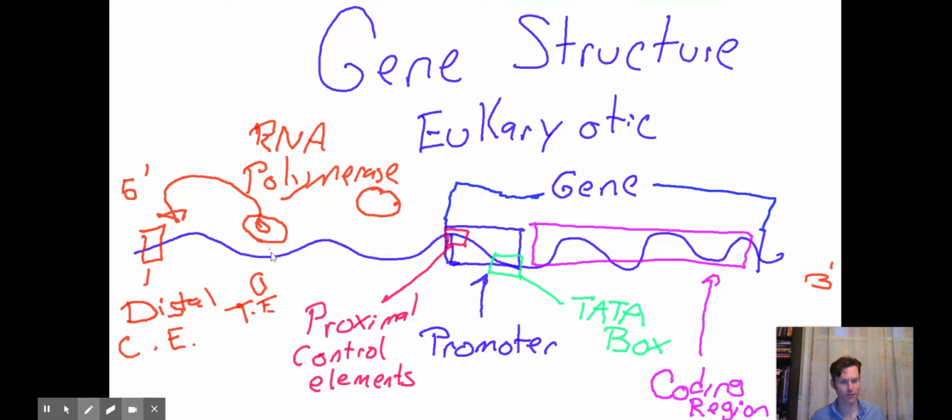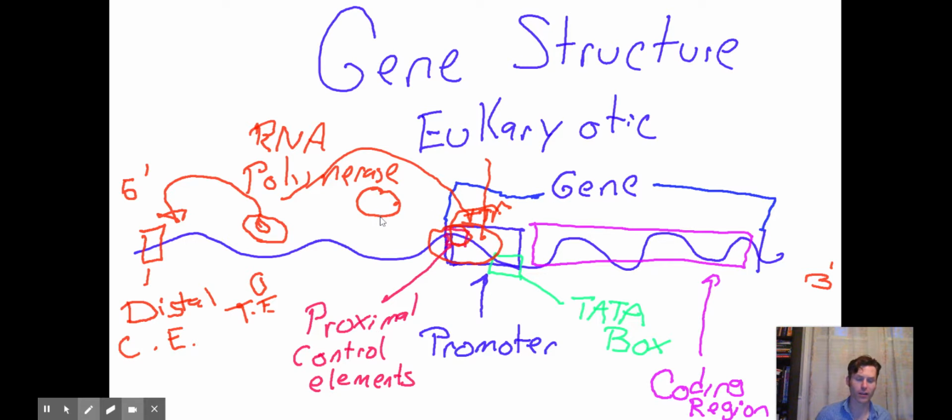There's a series of steps that ultimately bends up this whole DNA strand so that the distal control elements end up above the proximal control elements. That allows for a cascade of reactions that bring in positive transcription factors that will engage with the proximal control elements, and that engagement is what allows the RNA polymerase to fit onto the promoter. Okay.